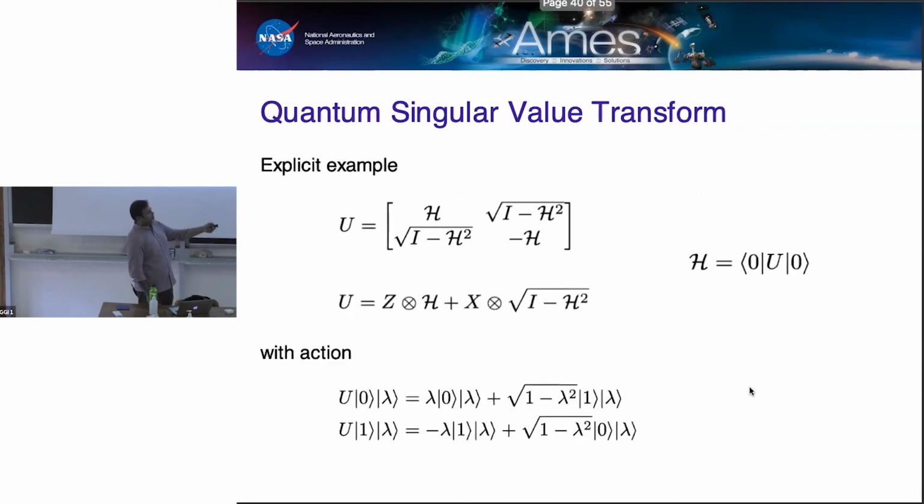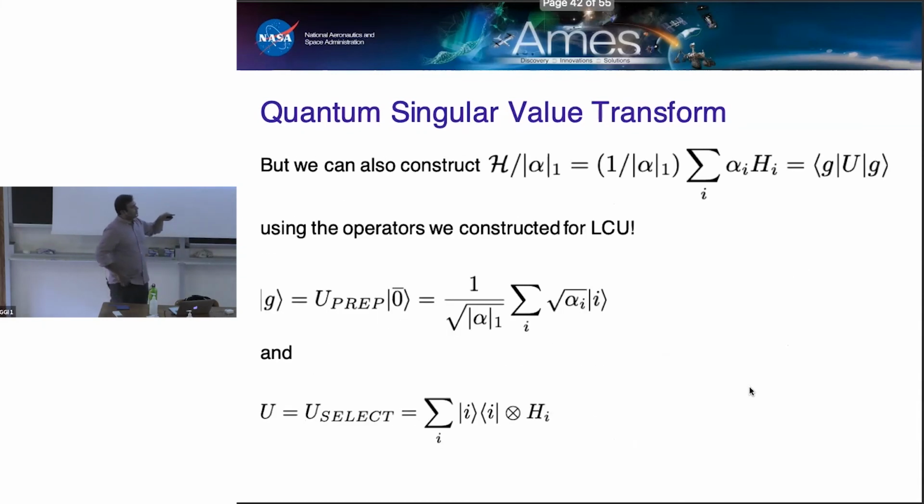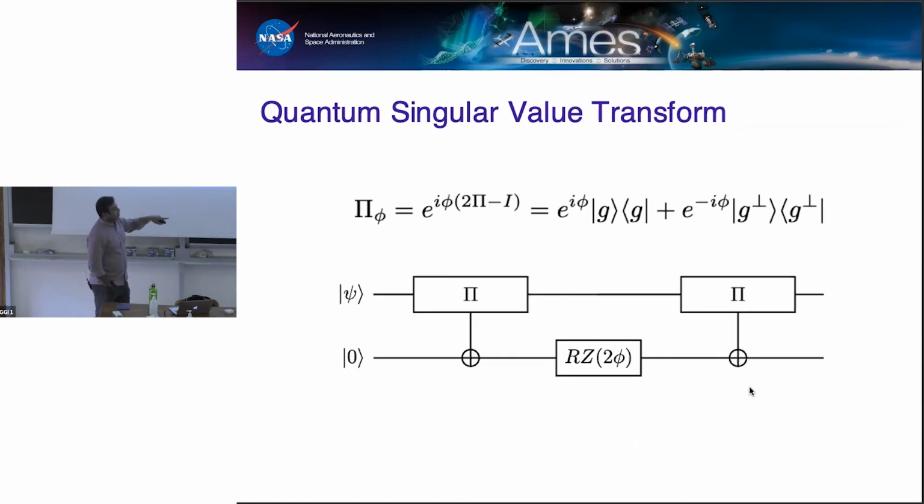Remember that in order to apply the QSVT, we need to know what U is and we need to know what pi is. So I'll tell you how you can implement it. Here, pi sub phi is defined as the exponential of the reflection operator built out of the projector onto the state that block encodes the Hamiltonian.